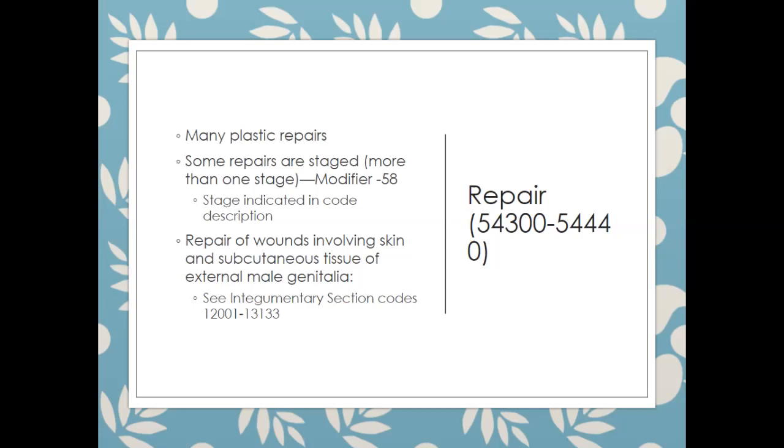So you're going to know what stage it is by the fact that you're going to be able to abstract that from your medical report and match that up with your code description. Repair of wounds involving the skin and subcutaneous tissue of external male genitalia, you're going to see in the integumentary section, 12001 through 13133.